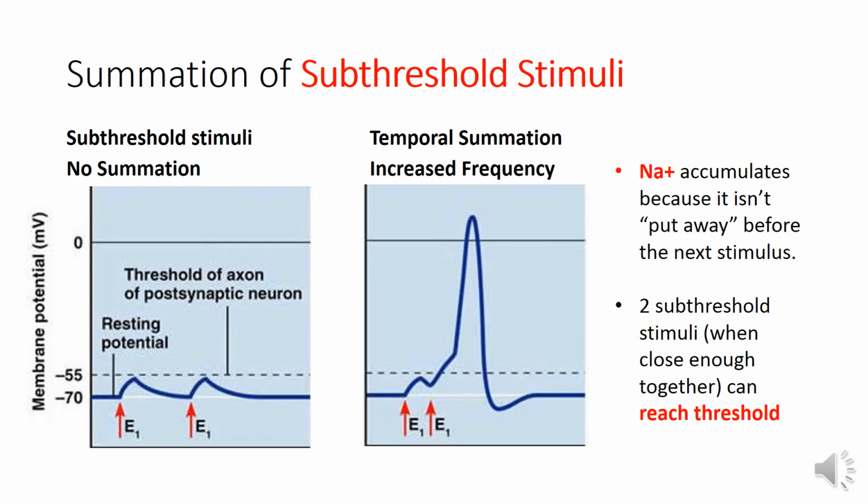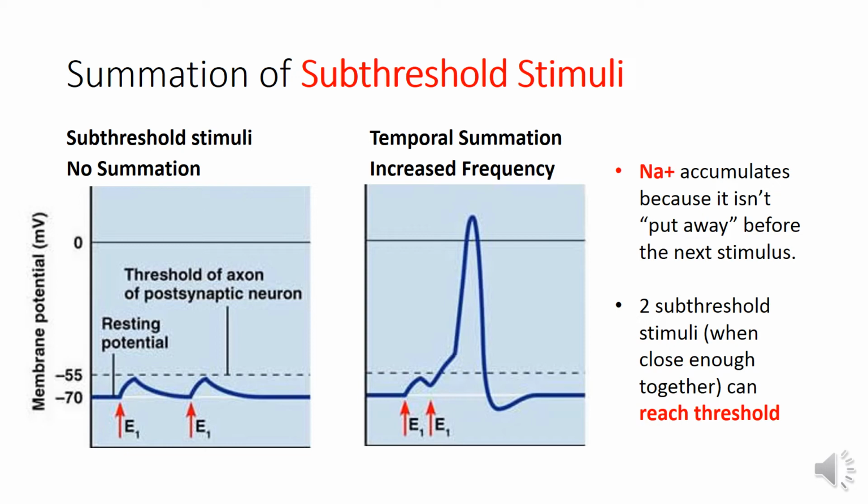Why is this increasing the internal potential so that it reaches negative 55? If you remember, there is an abundance of sodium outside of our cells due to the sodium-potassium pump. Sodium-potassium pumps are a form of primary active transport, and when they function, they use ATP, and every time they execute a function, they pump out of the cell 3 sodium ions and pump into the cell 2 potassium ions.